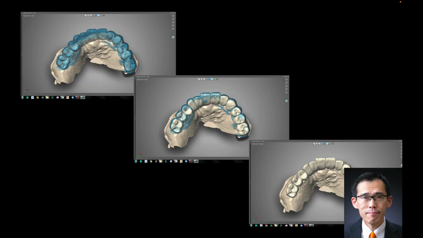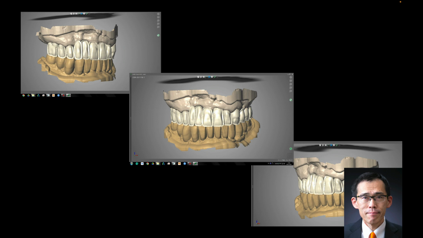These are the design results of the PEEK outer bridge. The frame was cut back for veneering material.